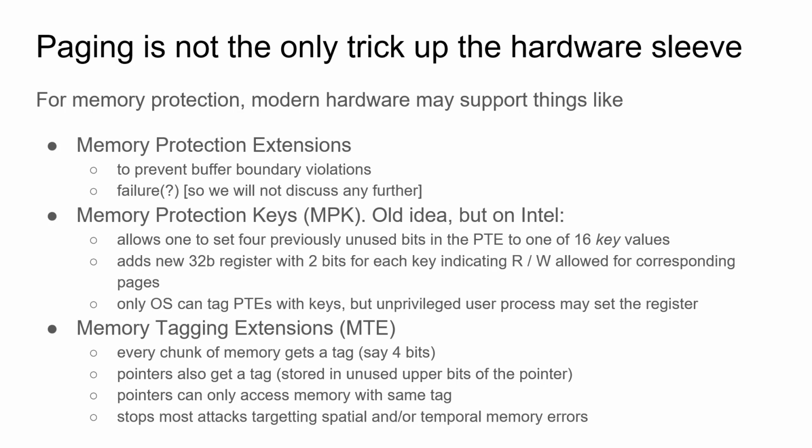And it's important to realize that both memory protection extensions and also MPK, the memory protection keys, are based on old ideas. On these Intel processors that we have today, they basically help you partition your address space in 16 different regions. So what the MPK functionality allows you to do is to use some of the unused bits in your page table entries to indicate a key.